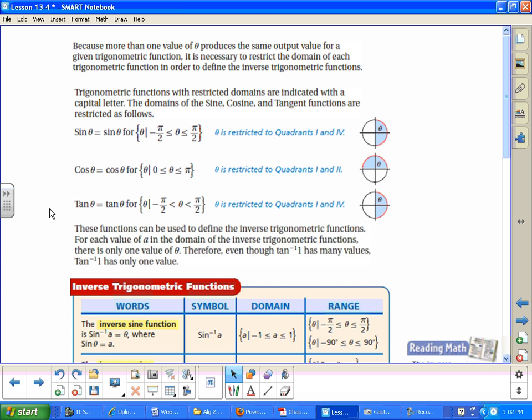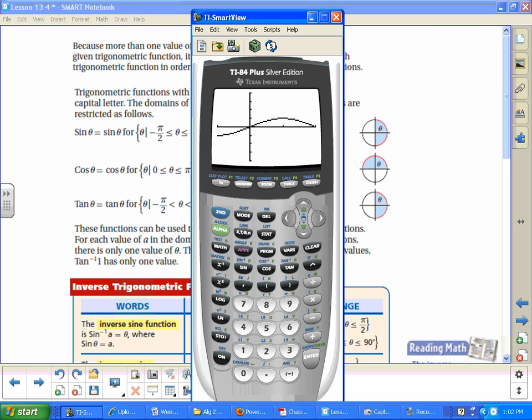For cosine, here's the graph of cosine. It fails the horizontal line test. But if I restrict the domain to be between 0 and pi, I'm going to get the positive and negative values.